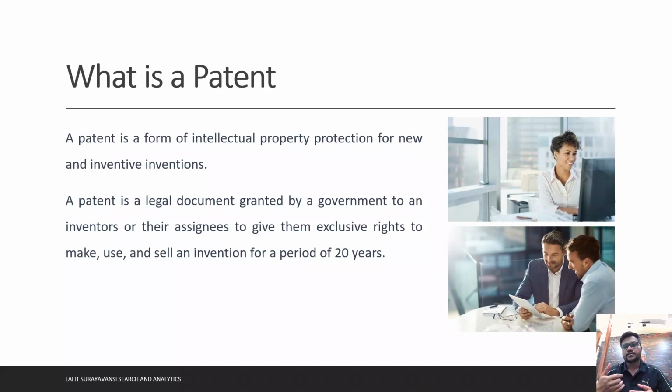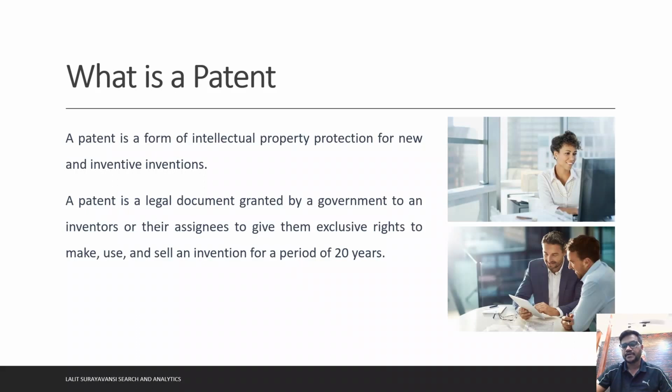So if this patent system would not be there, people would have kept their knowledge to themselves, because they would think that if I disclose my invention to others, they will start copying it.